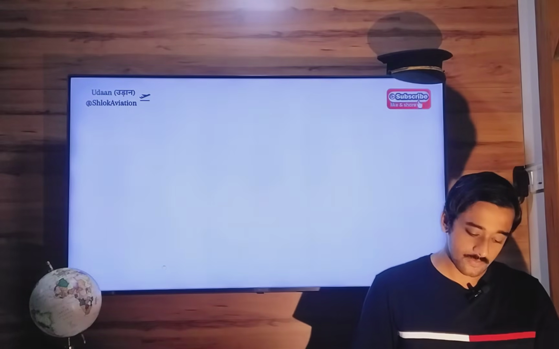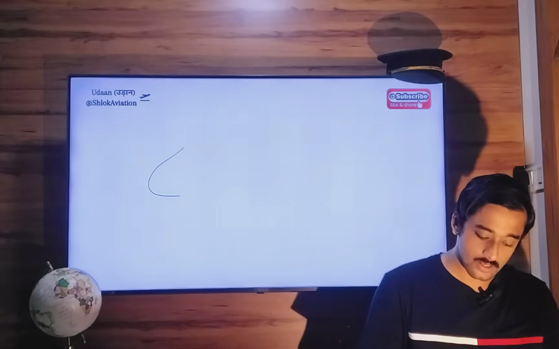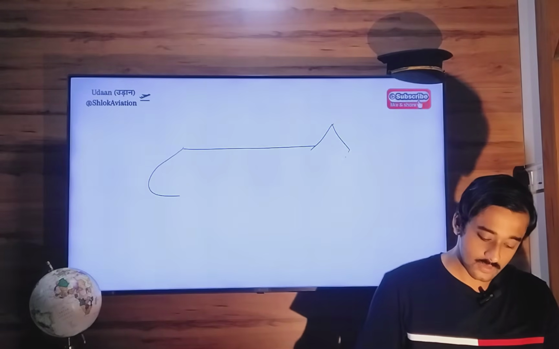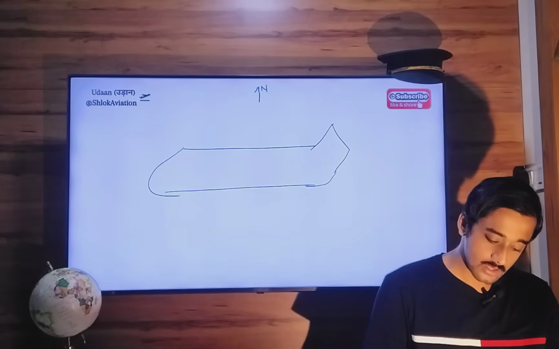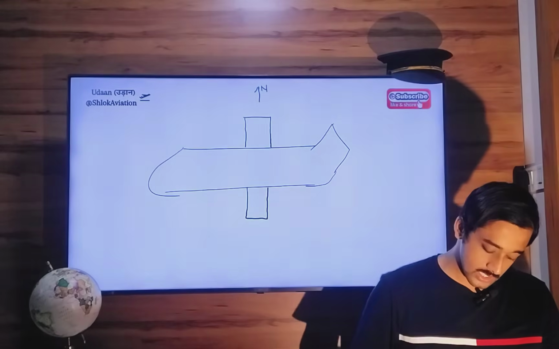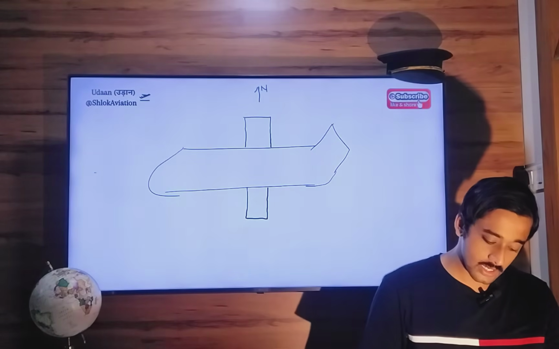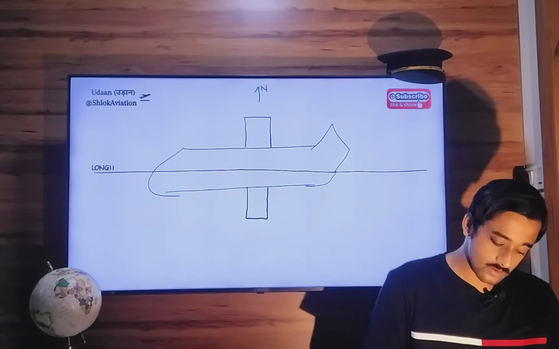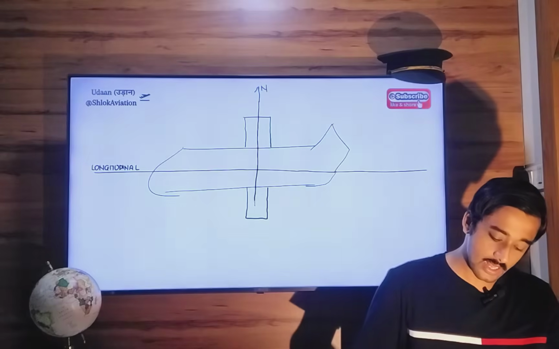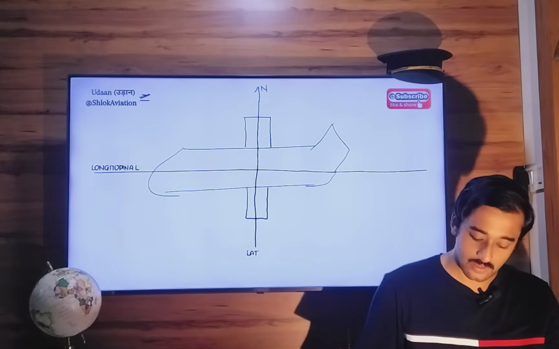So let's consider this is your aircraft. Now this is your north datum. These are the wings. Now this will be the longitudinal axis of your aircraft, and this will be the lateral axis of your aircraft.